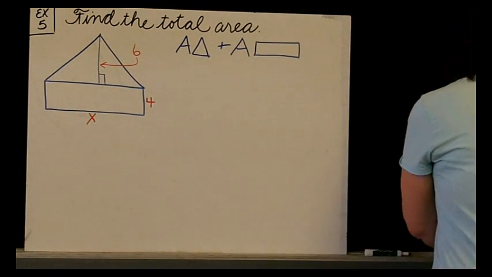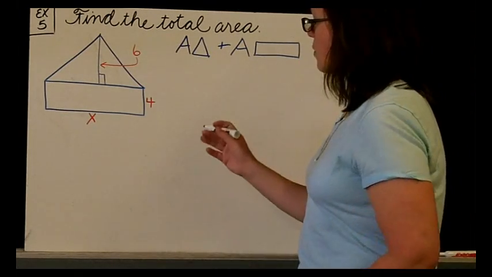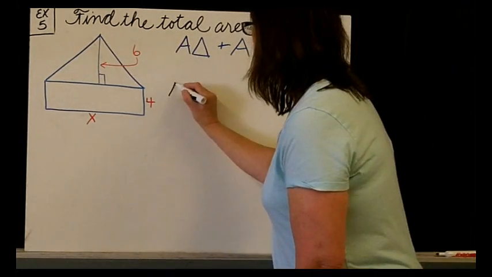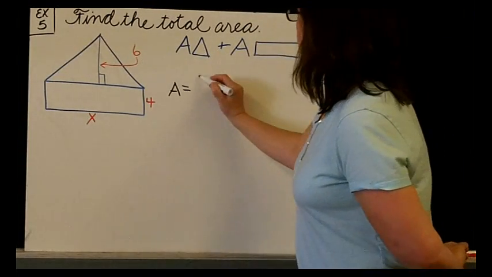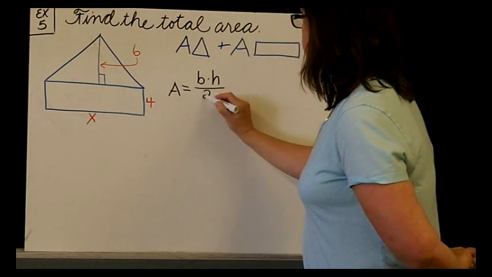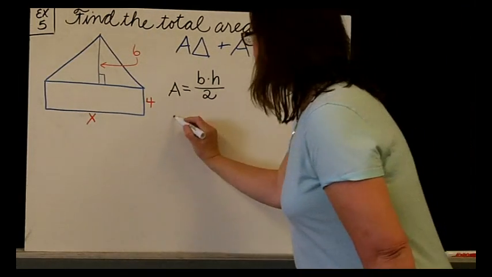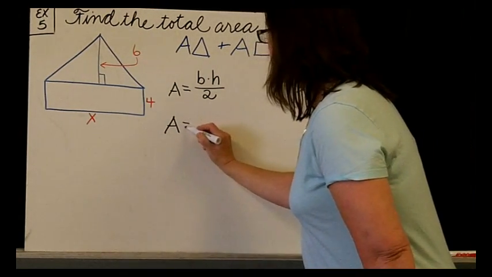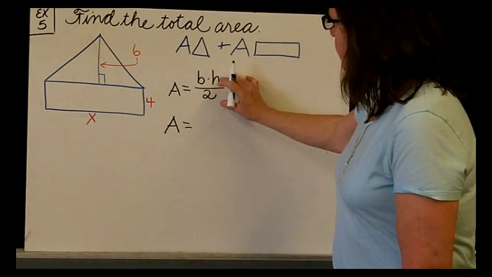So, let's start with, well, the triangle. We always start with our formula. The area of a triangle is found by multiplying the base and the height and dividing the product by 2. So we're looking for the area. Here's our triangle. Our height is 6.